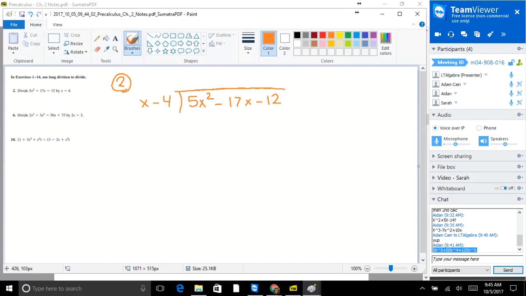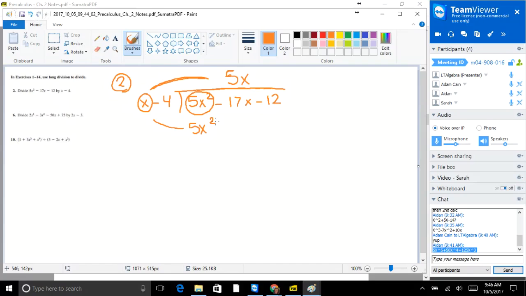All right, so we look at our first term here, x, and ask what I multiply x by to get 5x squared. In order to get rid of my first term of 5x squared, I need to multiply x by 5x. Do you see that 5x times x gives me 5x squared? That way, when I do my subtraction in my long division, I get rid of my x squared term.